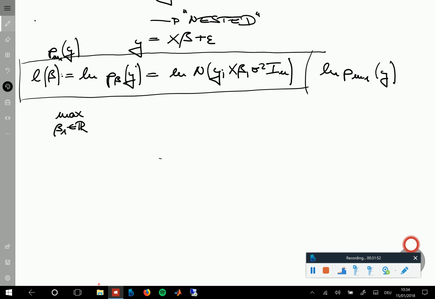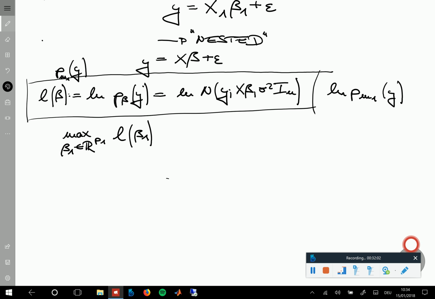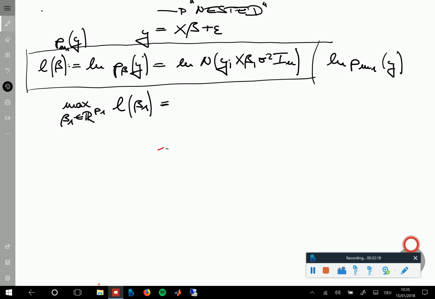If we now look at a specific model of the log likelihood function, because the log likelihood function is just the probability of the data under the model, and we have also already computed its functional form. So do you remember that?